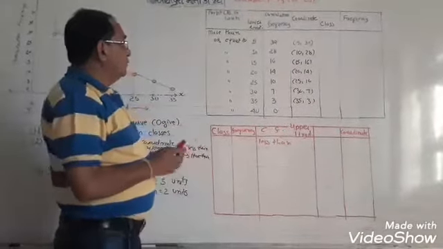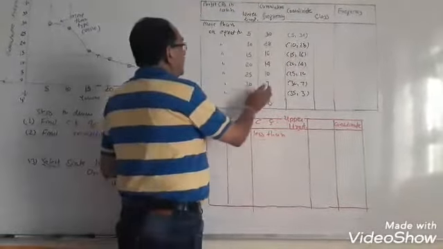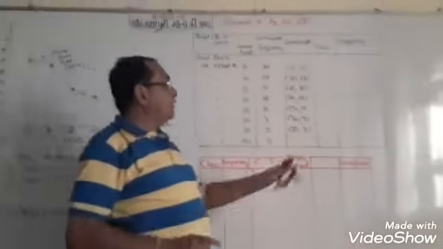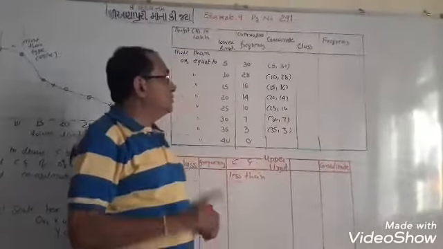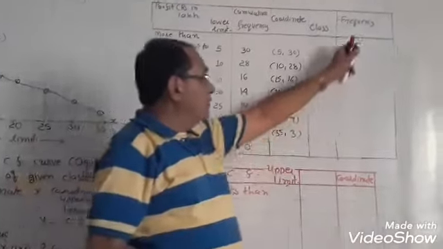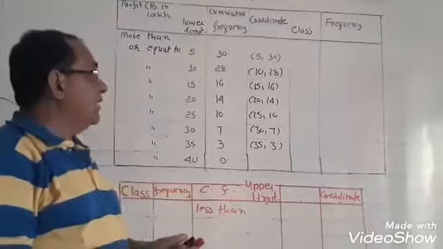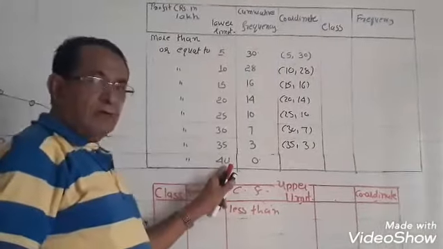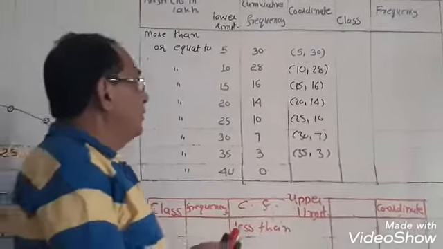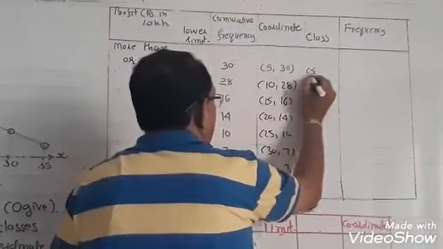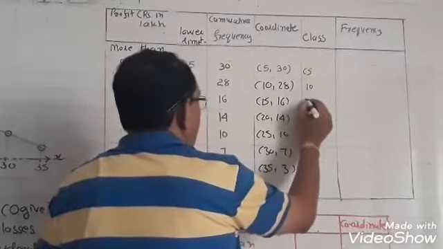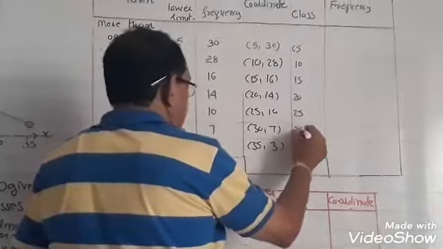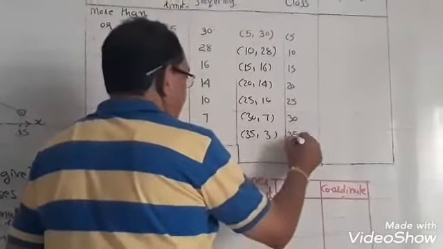Now we are given the more than type cumulative frequency. From that we will find the normal frequency distribution. We will find the frequency of each individual class. First of all, we will find the class. These are all the lower boundaries: 5, 10, 15, 20, 25, 30, 35.